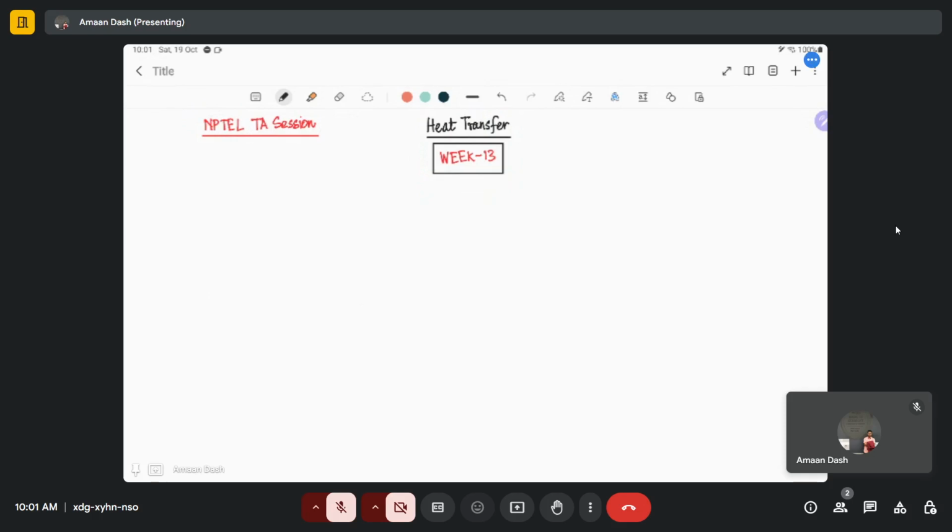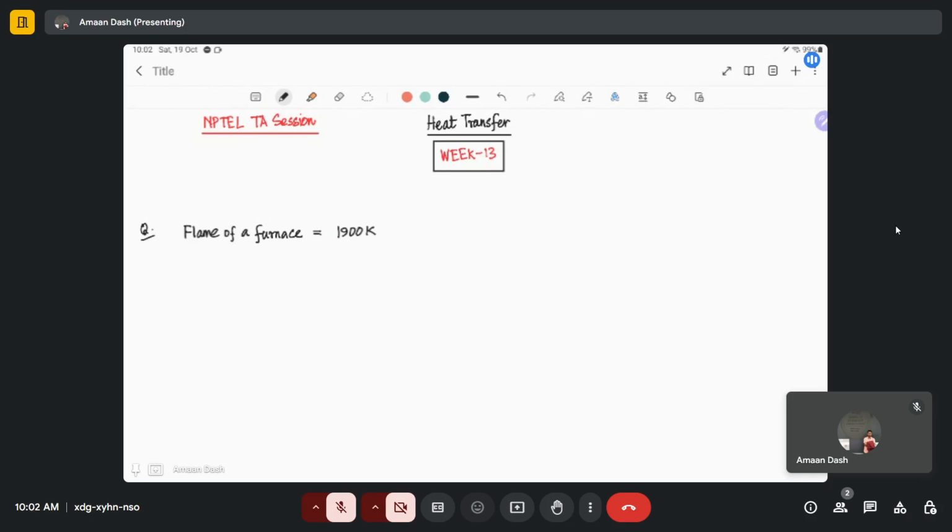So let us start with the first question. It is given that the temperature of a flame in a furnace is 1900 Kelvin. So we have the flame of a furnace which is at 1900 Kelvin.